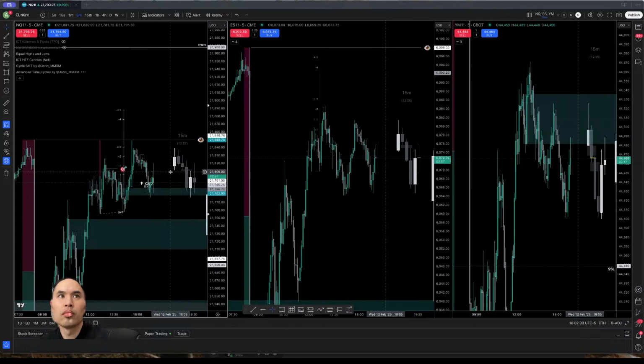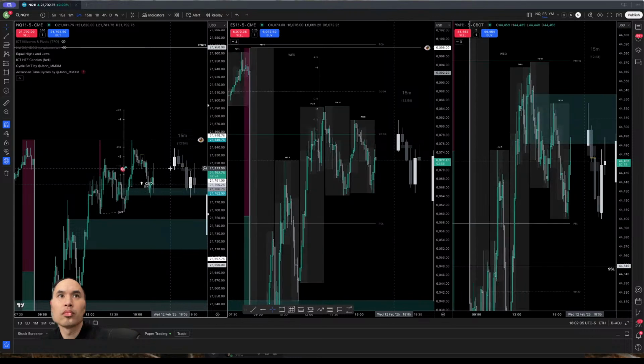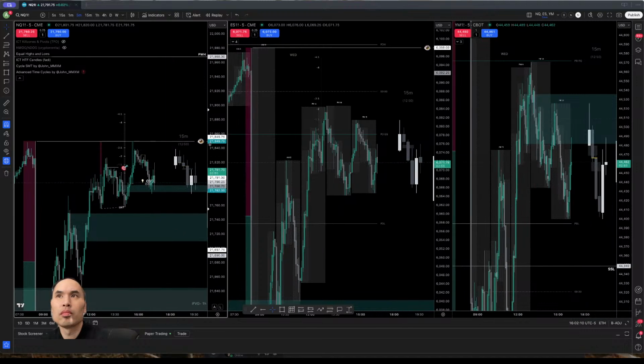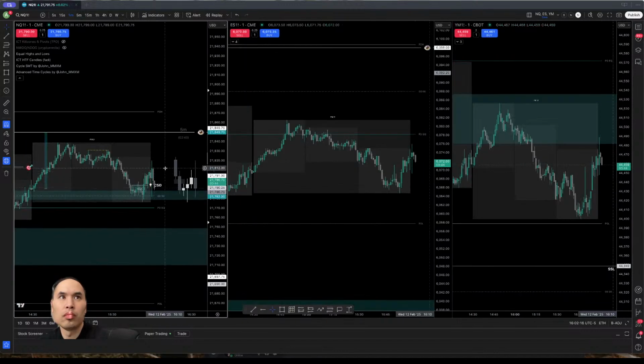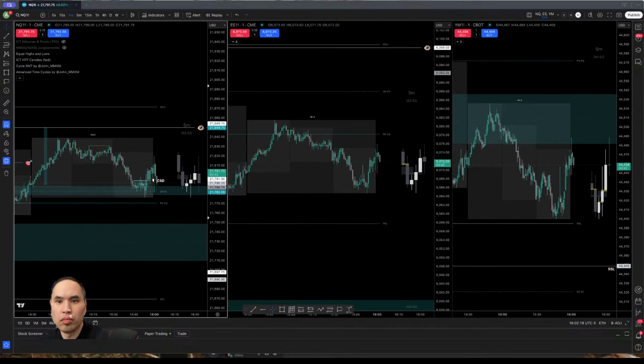It's again ICT concepts, but he added his own stuff to it, and I usually got 1 to 2 trades a week. Even though it sounds kind of gamblish, I wanted to take more trades. It was not my style of trading.